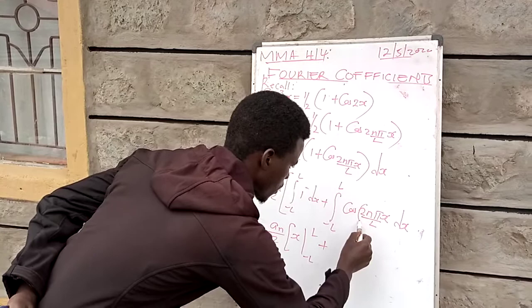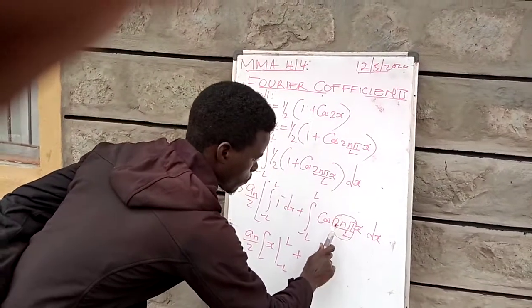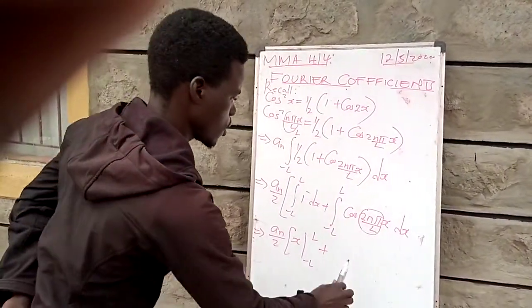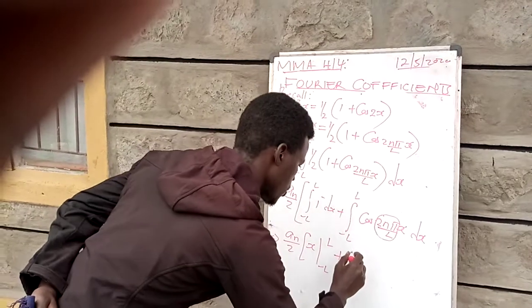it is always 1 over the coefficient of that cos. So in this case, we just take the reciprocal.